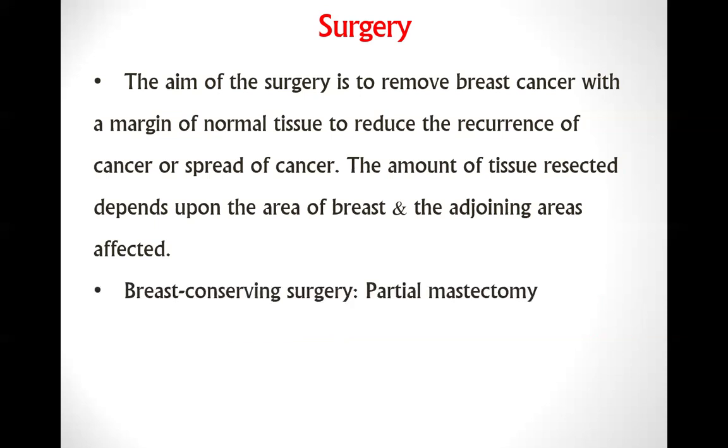Breast conserving surgery, the clinician told you another term. Do you remember lumpectomy? This is partial. The tumor lump, along with some margin of normal tissue around it, is removed. This is breast conserving. Of course, it will be stage 1 disease. Total mastectomy is complete removal of the breast along with the skin.